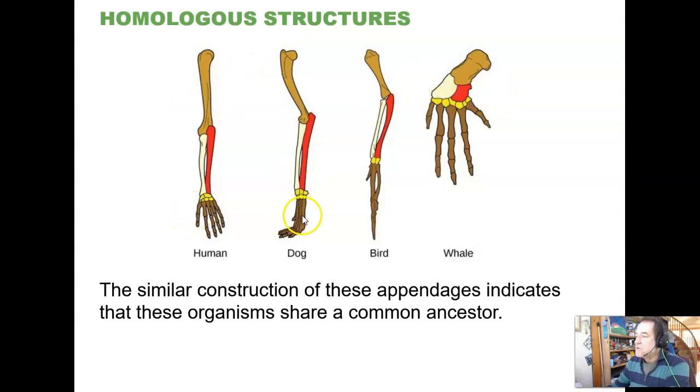For instance, mutation-wise, the genetic coding for this version of the limb right here, whatever proteins are responsible for developing this leg, those genes are going to be most like the ancestral genes of all 4 of these groups.